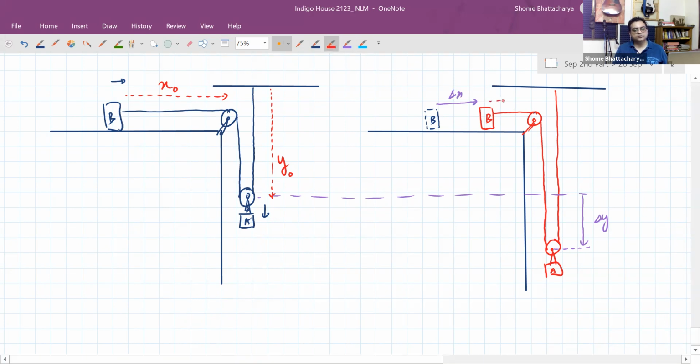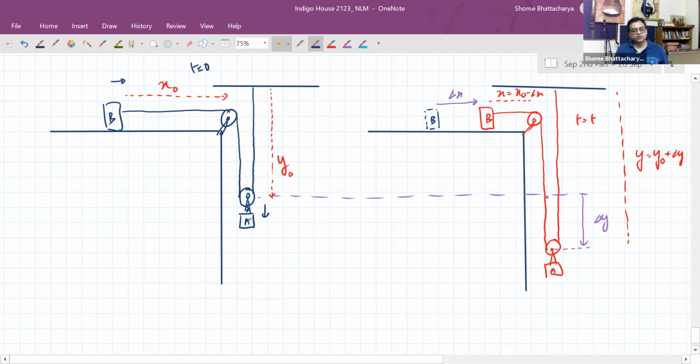So this length from here to here has become x now, which is the initial value minus delta x. And this total length from here to here has now become y, which is y naught plus delta y. So this is at some time t. This was at the initial time t equal to 0.